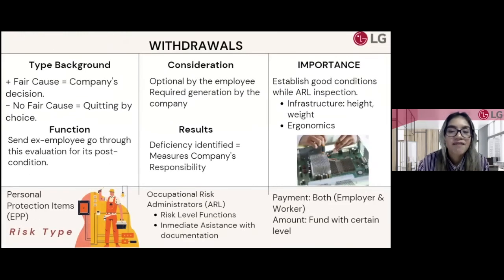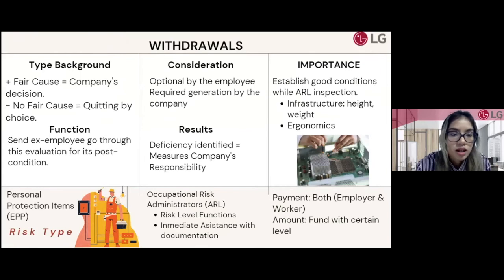Now, finally, we have withdrawals. This is fundamental to develop since it can have two different types of backgrounds. First, it can have a fair cause, when we fire the person, or it could be considered without a fair cause when the worker quits the job.